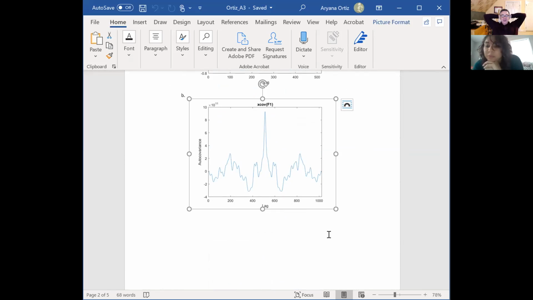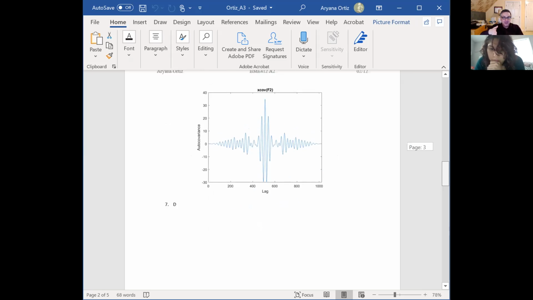at some point where it first significantly crosses zero, but that's not always a good rule, because if you look at the next one, you have an oscillating pattern. So you don't want to just go to the first zero cutoff.